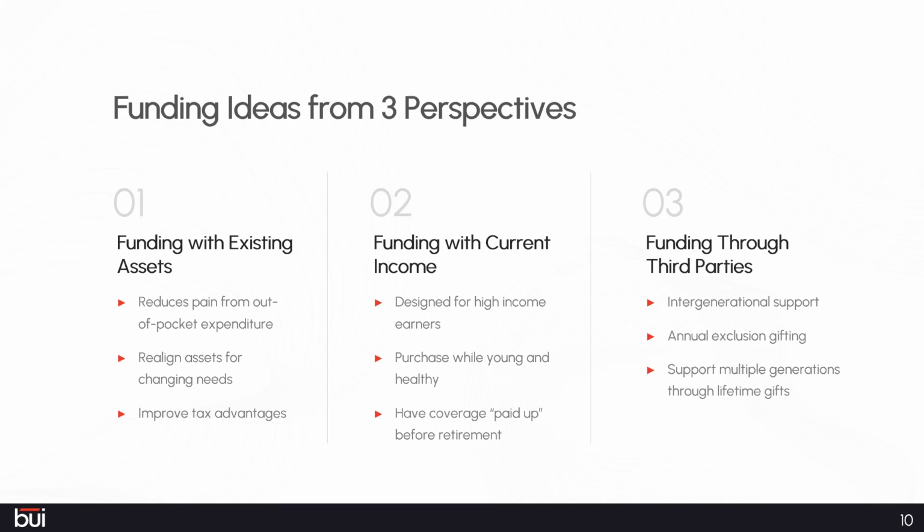And part 3 is funding through third parties. In each section, I'm going to share an overview of a client's background, their profile, their goals and objectives, the assets that they own, and then give you a broad overview of the solution. Then we'll go quickly through the mechanics of how it works between their existing assets and the long-term care insurance, and then we'll hit on the key benefits.